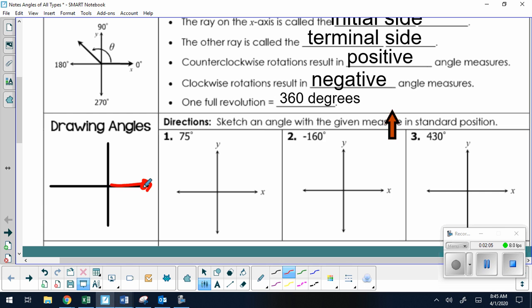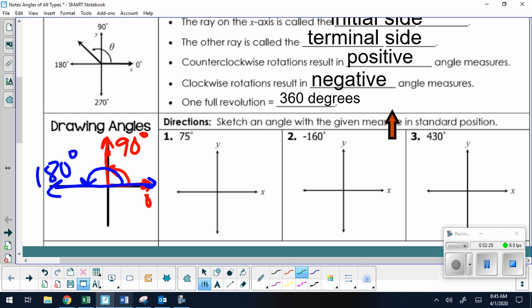If we don't go anywhere, that's 0. If I come to here, so from here to here, that's 90 degrees. If I go to, I'm going to do it in blue, if I go from here to here, that's a straight angle, that's 180 degrees.